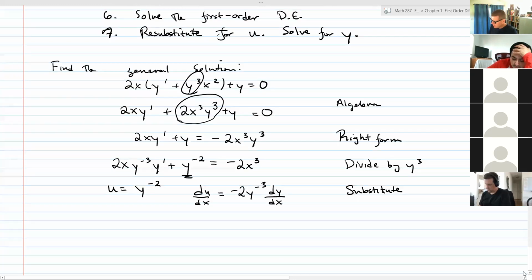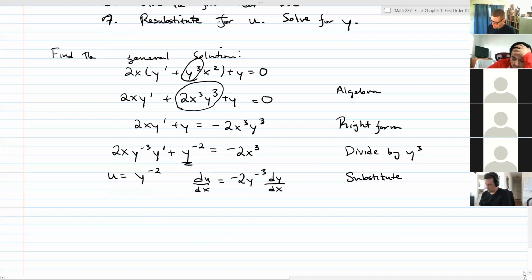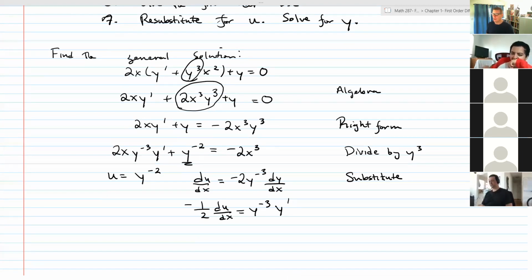And then just like with a u substitution, I'm going to move over that constant. So we get negative 1/2 du dx equals y to the negative 3rd times y prime. You can call it u prime if you want to too. There's no problem there either.